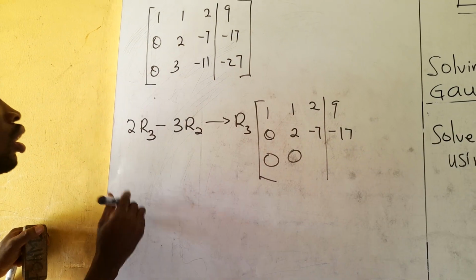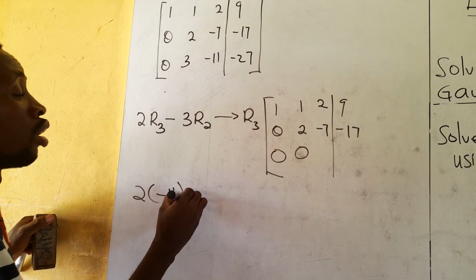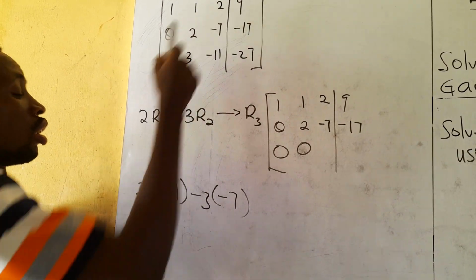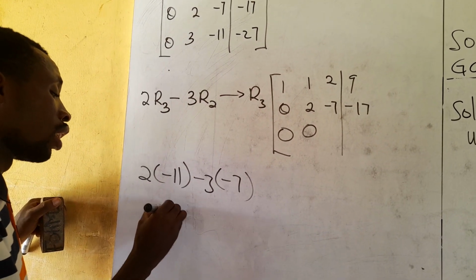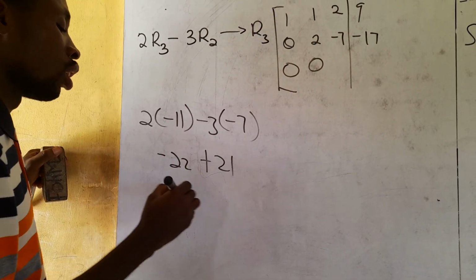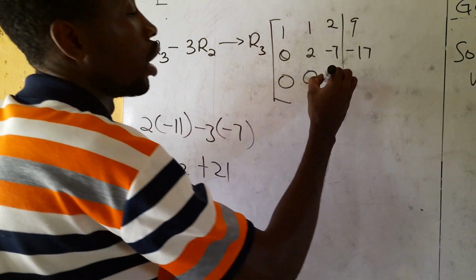Now for this, 2 times negative 11 minus 3 times negative 7. 2 times negative 11 will be negative 22. Negative 3 times negative 7, that will be plus 21. Negative 22 plus 21 will be negative 1. So write a negative 1.